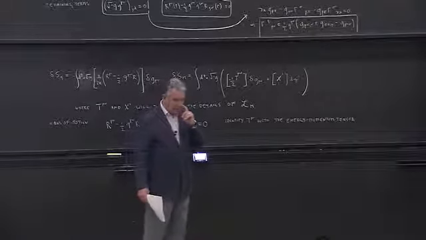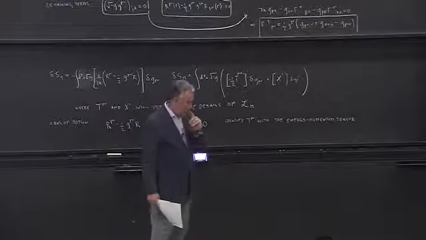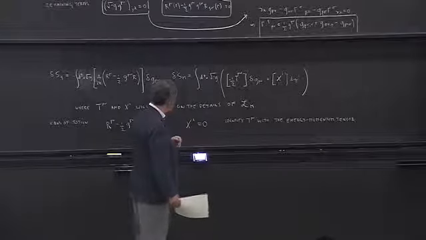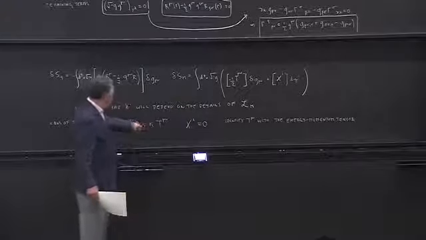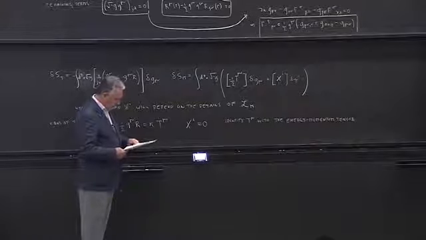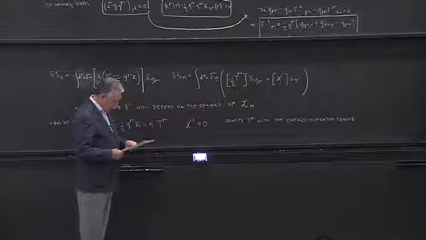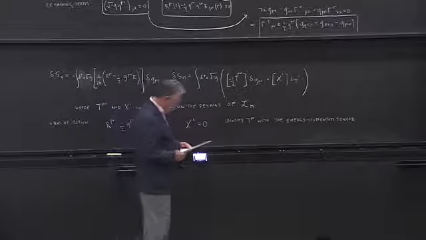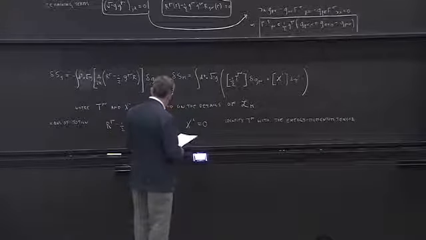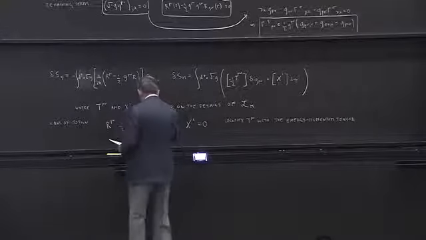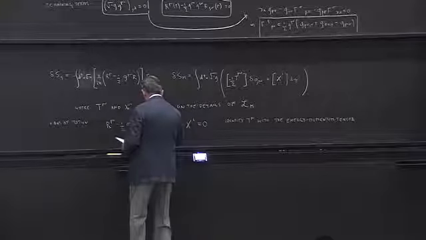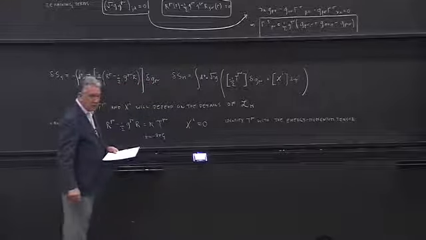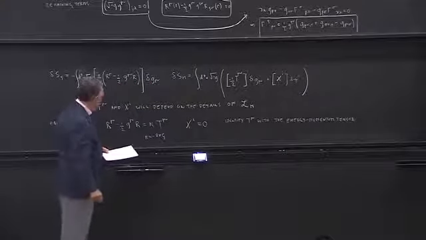Yeah? There's a minus sign in front of kappa. Where? Here? Yeah. I'm reluctant to say kappa is minus 8 pi G. Remember, there's a minus sign in front of the action of gravity.